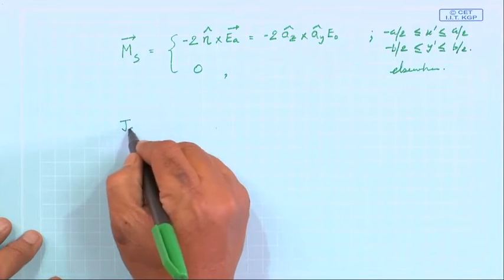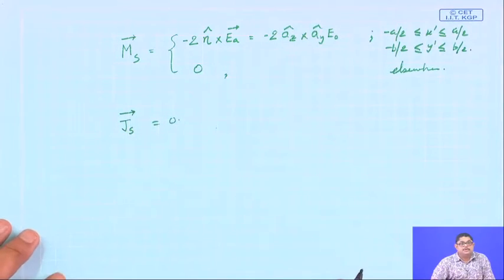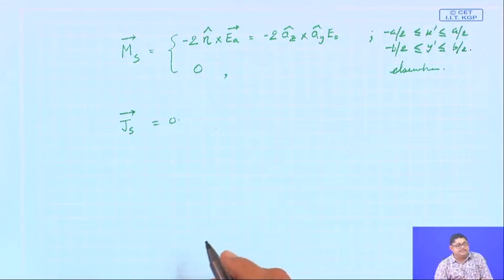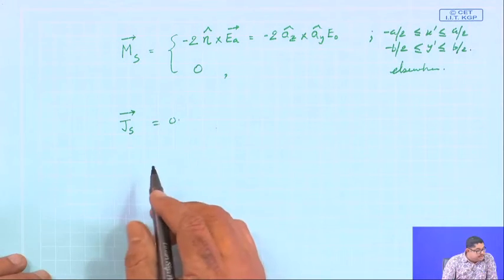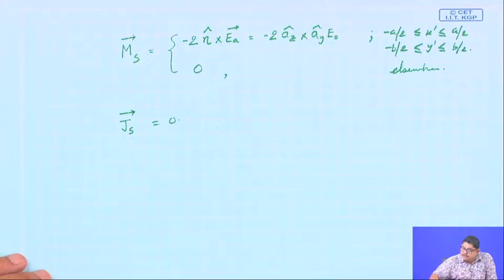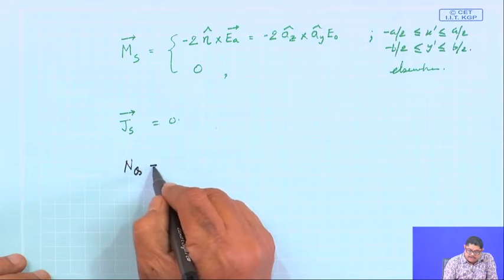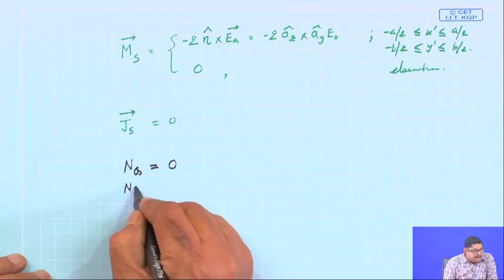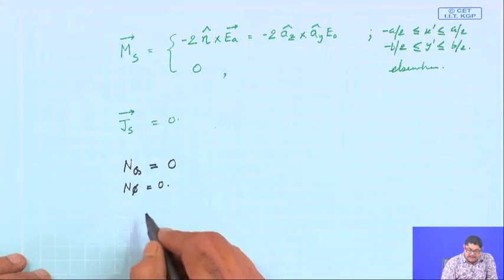And also we know that since we have an infinite ground plane, Js is 0. So, with the surface equivalence principle we have found the surface sources, the currents. Now if you see your old notes, you can easily find that since Js is 0, N theta will be 0, N phi will be 0, and there will be L theta and L phi.